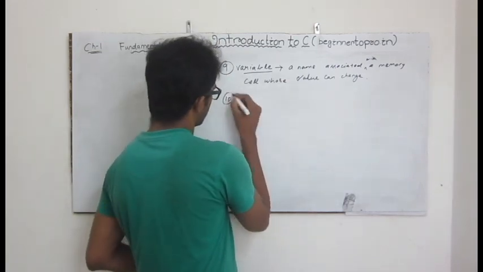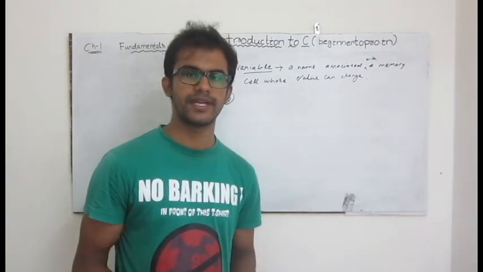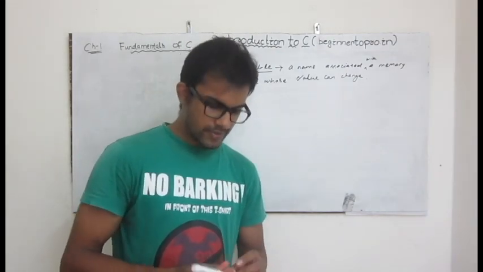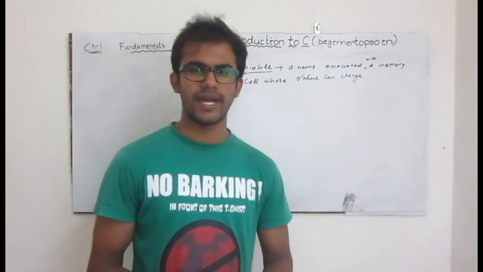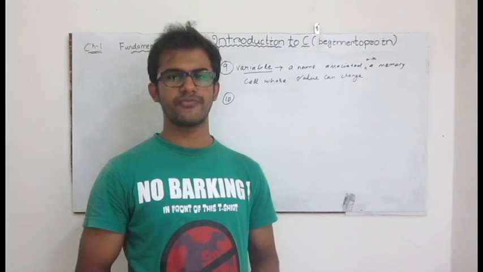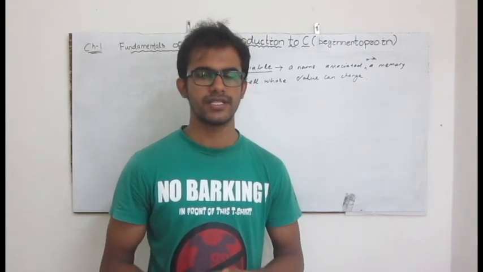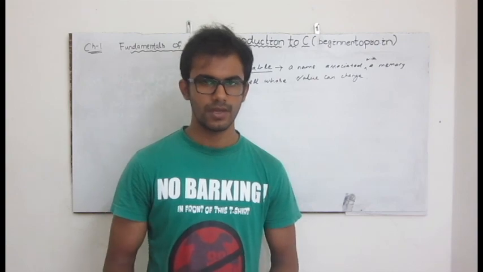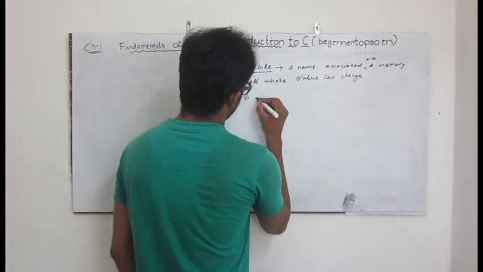What we are going to discuss next is variable declaration. What is a variable declaration? Statements that communicate to the compiler the names of variables in the program and the kind of information stored in each variable.